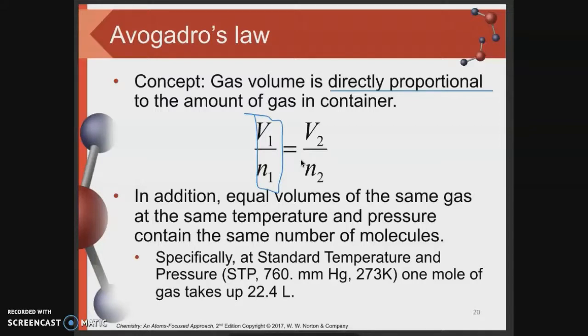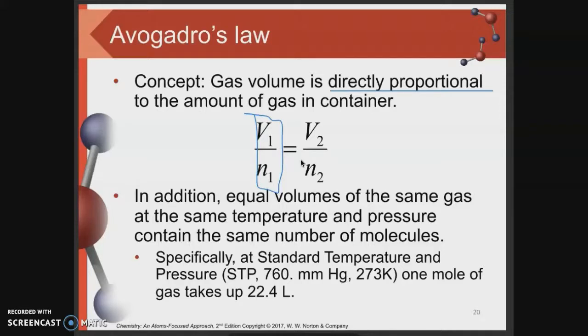STP is 760 millimeters of mercury, 273 Kelvin of temperature, and we can know definitively by this definition, by this law, by this ideal behavior, that 1 mole of gas, any gas, doesn't matter if it's heavy or light, if it's made out of gigantic molecules or small molecules, 1 mole of gas, regardless of type, takes up 22.4 liters of space. That's one of the real beauties of Avogadro's law.